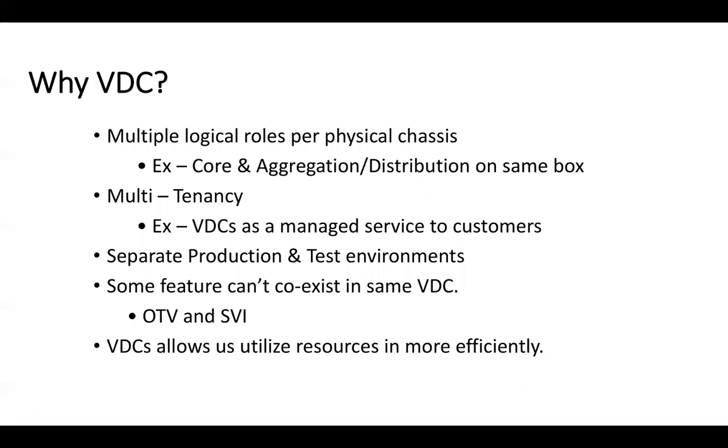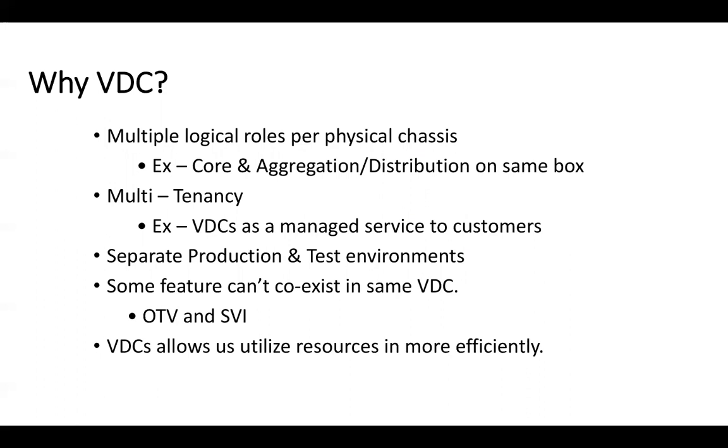I mean to say like OTV and SVI cannot coexist in the same VDC. What do we have to do? We need another device, or we can create a VDC and configure accordingly, right?